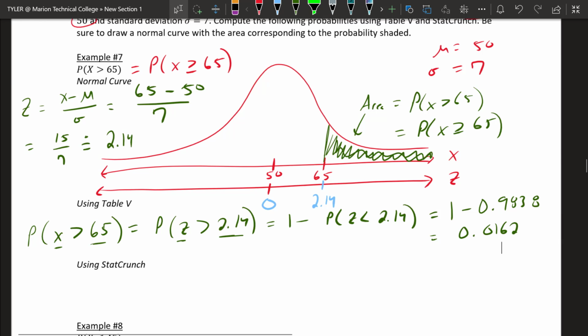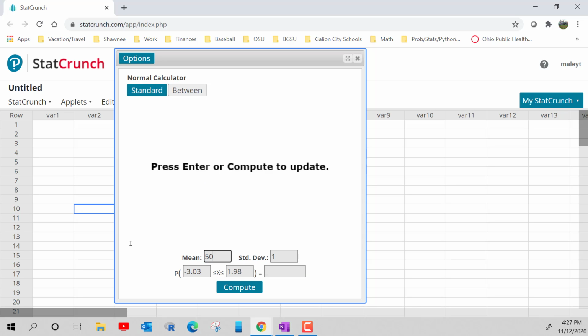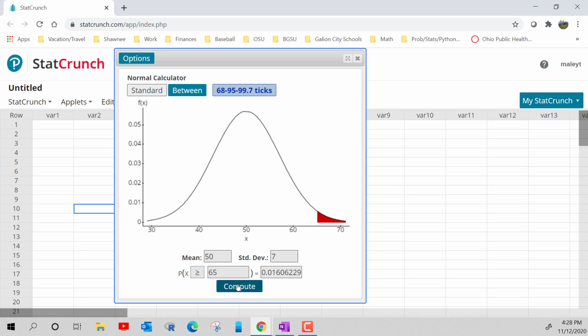Now we can do this using StatCrunch. In this case, I don't have to convert any z-scores. I can just plug in a mean of 50 and a standard deviation of 7, and since we're not finding between, I need to click on standard. We're finding x greater than or equal to 65. If I hit compute, I get this area.